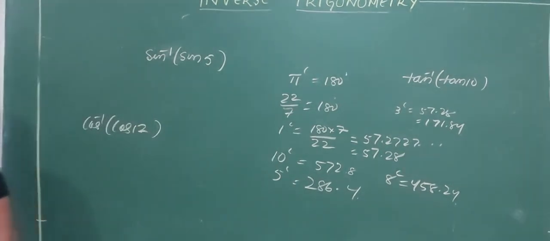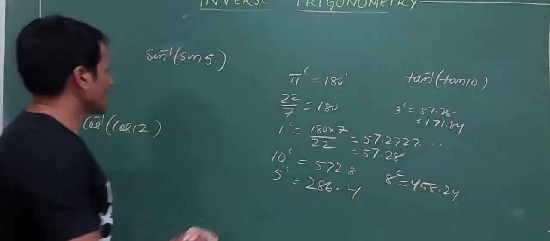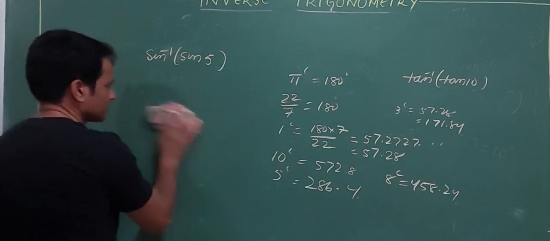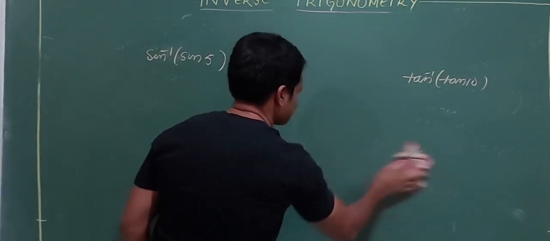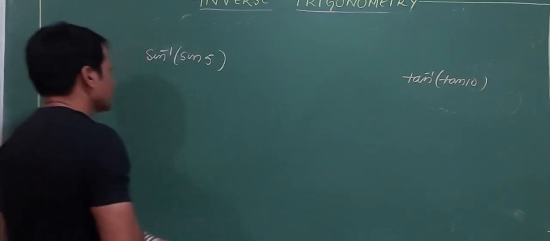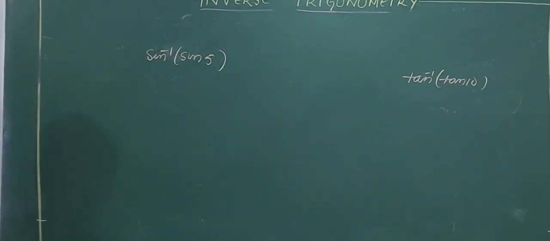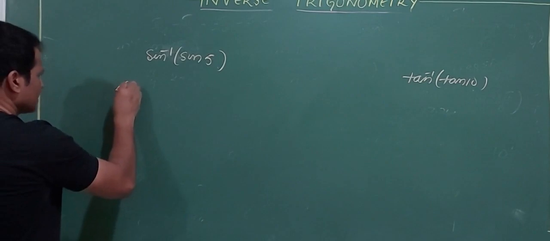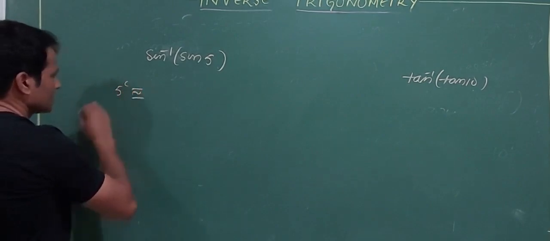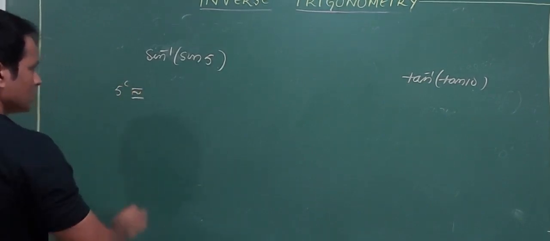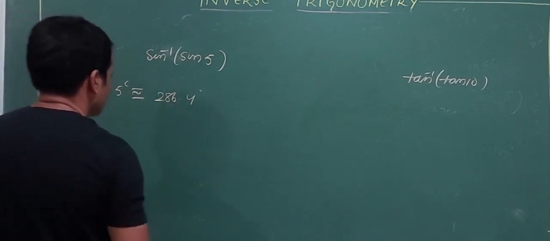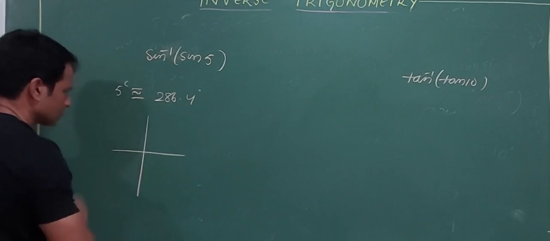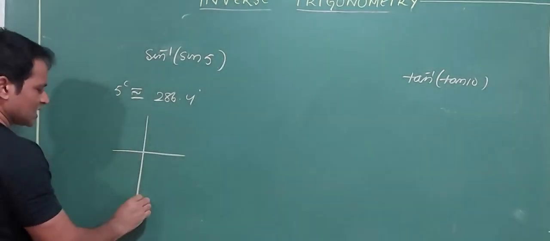Solve the question now. I am starting with 5, then I go to other values. Suppose I got sin inverse of sin 5. Now 5 radian is nearly equal to 286.4 degree. Which quadrant is it lying in now? Here, it is more than 270.